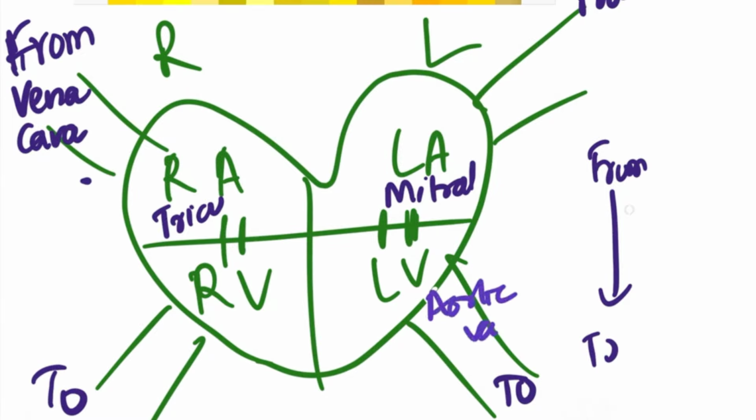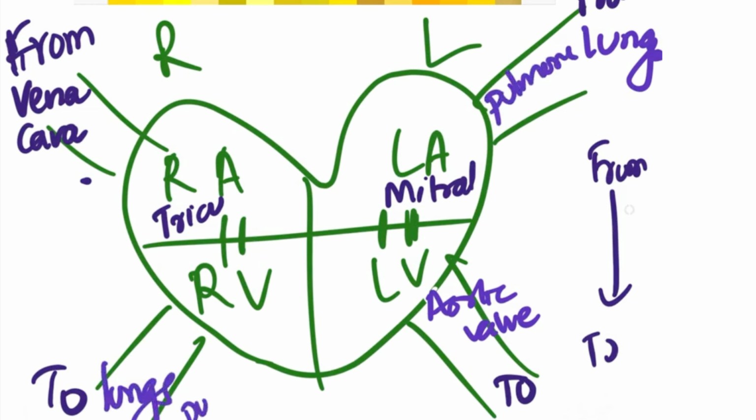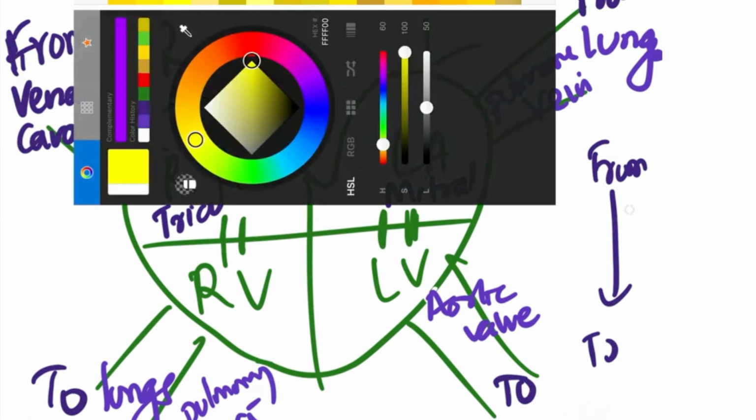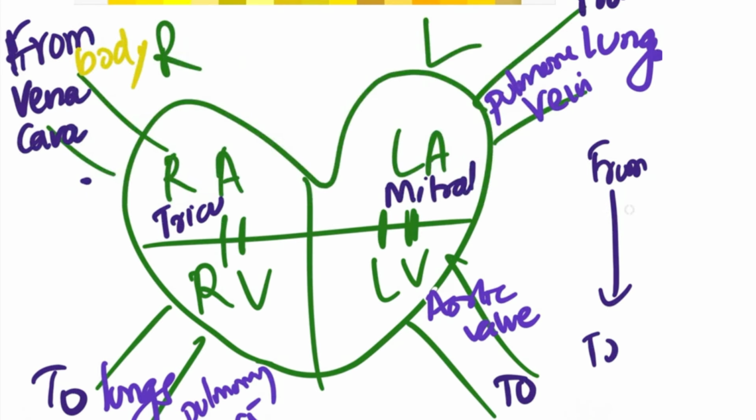And this you should write from lungs. Since it's related to the lungs, it will be pulmonary. And this is also going to be to lungs. So here also you'll write pulmonary. This one is pulmonary vein and this one is pulmonary artery. From here, it's actually from body. And this one will be to body.